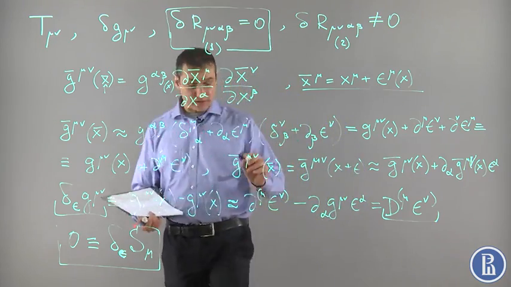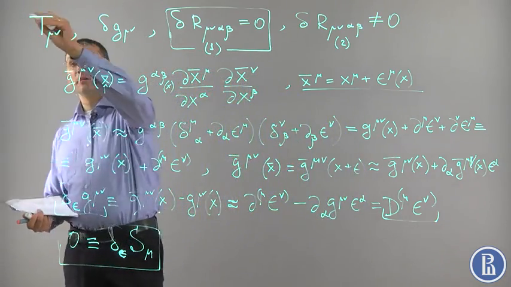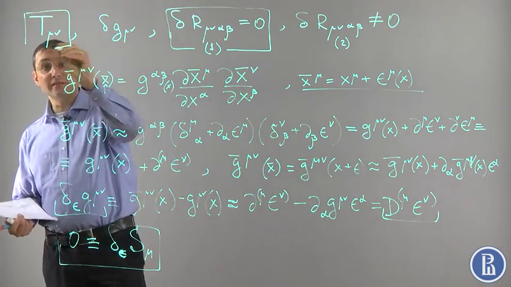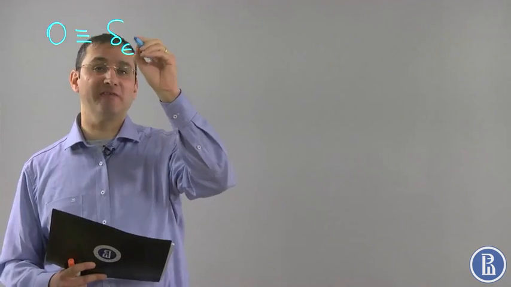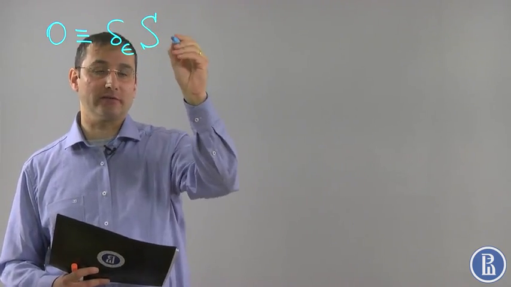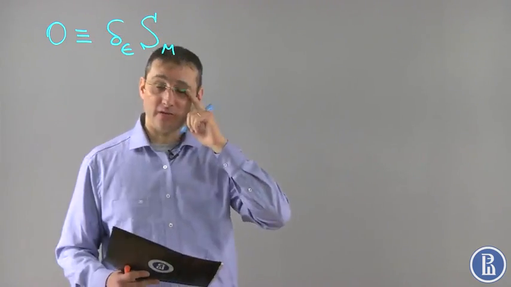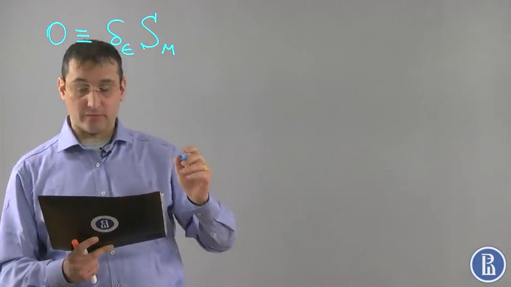Now we're going to use this fact to draw conclusions about the physical meaning of this quantity. So the general covariance demands the following identity: under the infinitesimal general covariant transformations, the matter action doesn't transform.